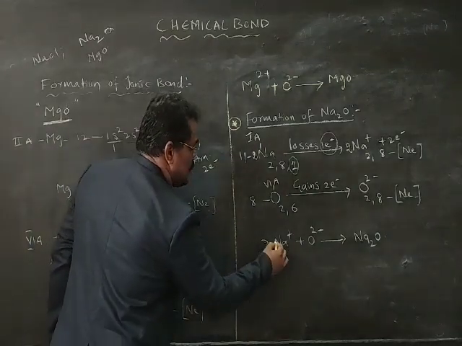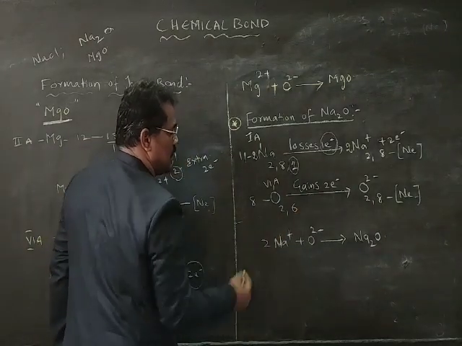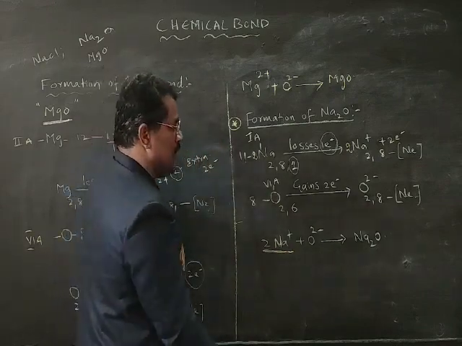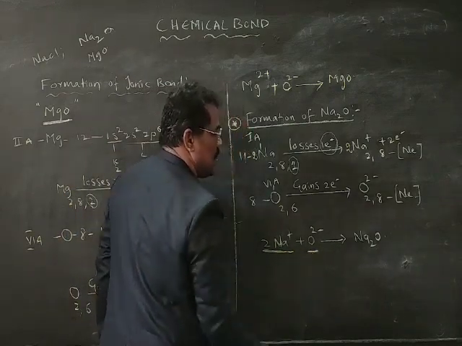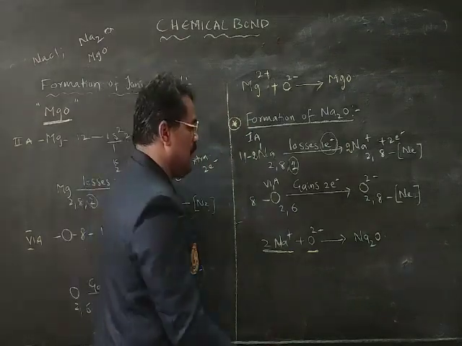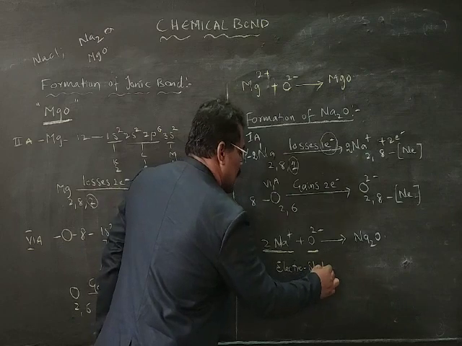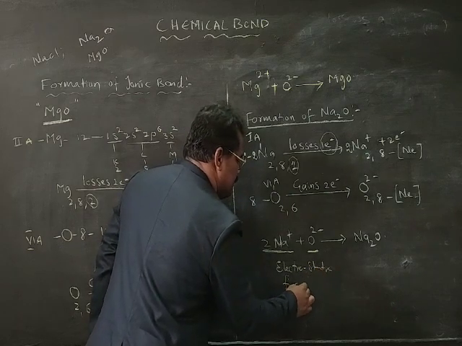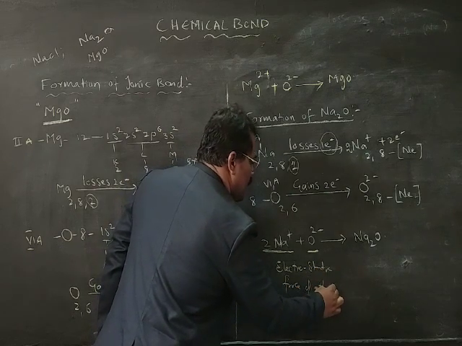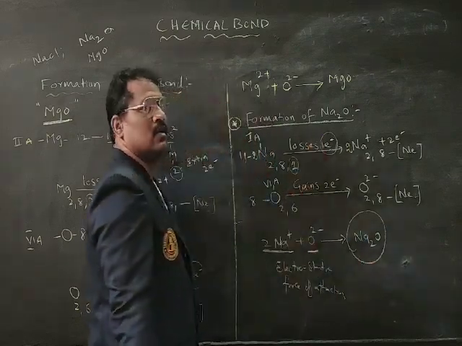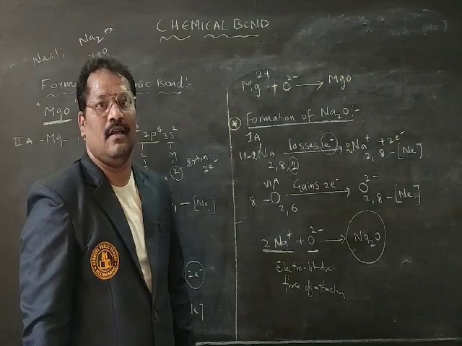Therefore, in formation of sodium oxide, 2 sodium ions combine with the oxygen ion by means of one force. What is that force? Electrostatic force of attraction, and forms a molecule called sodium oxide.